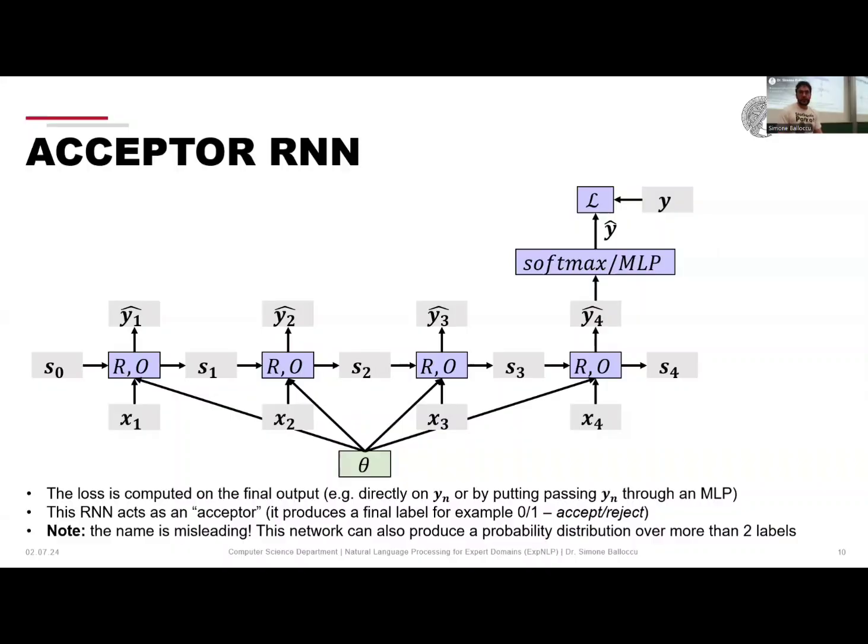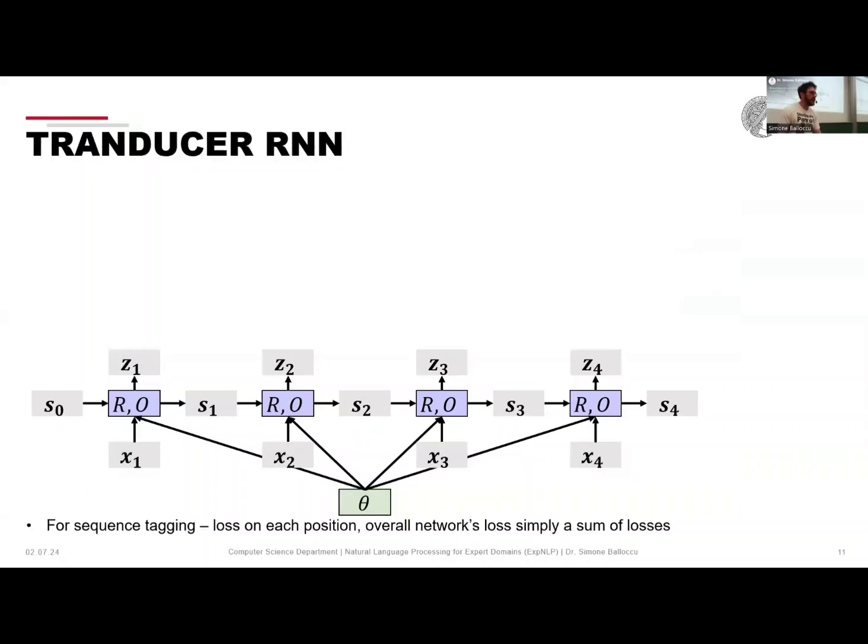Another alternative is just the opposite, a transducer RNN. The transducer RNN does what we saw before, but at every single step. So the first output, which here we're calling Z1, is plugged into your activation function and compared with a specific label.